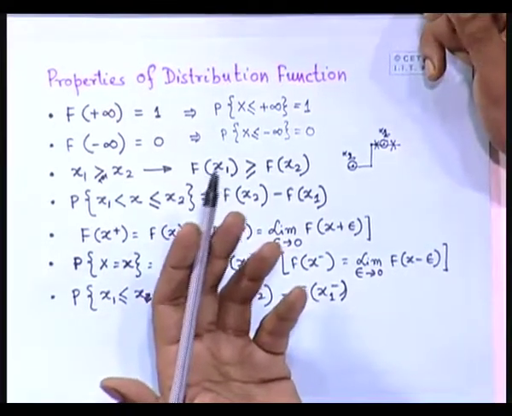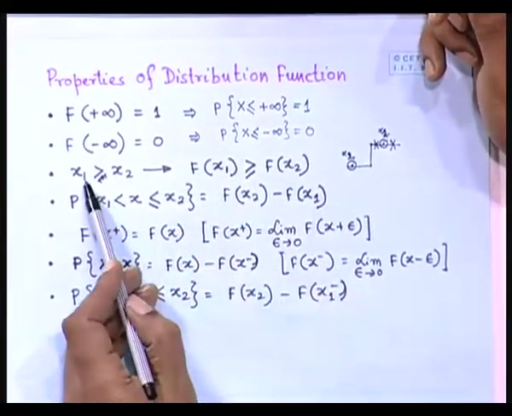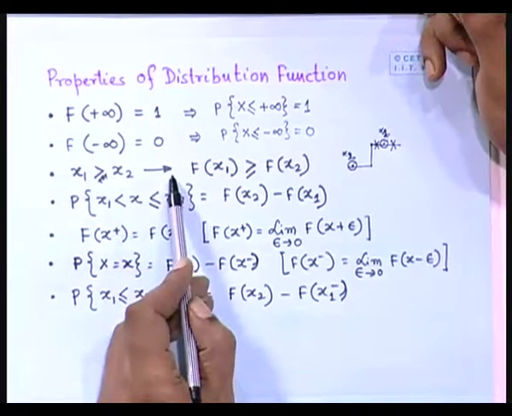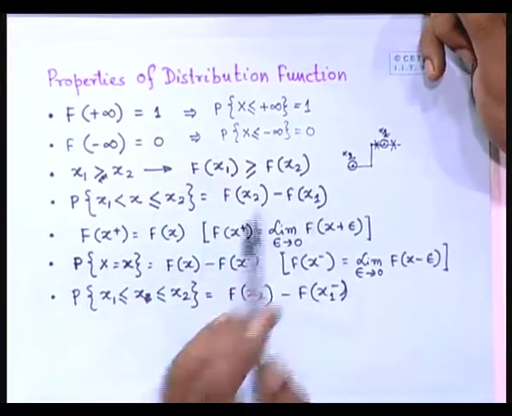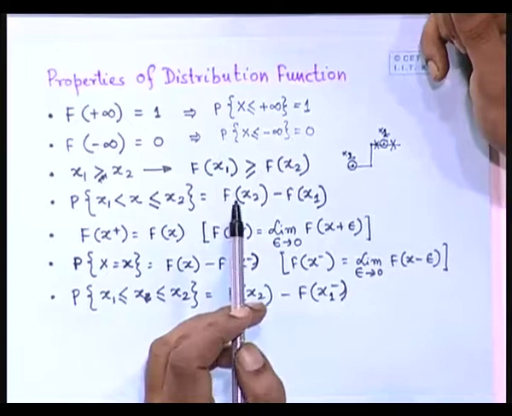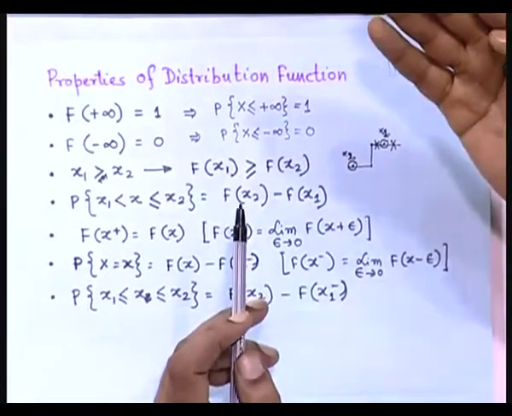So if you have discrete jumps, then x1 greater than x2 will imply that f of x1 is greater than or equal to f of x2. So it either increases or stays where it is, it does not decrease. That is why it is called a non-decreasing monotone. Monotone means continuously rising, right.